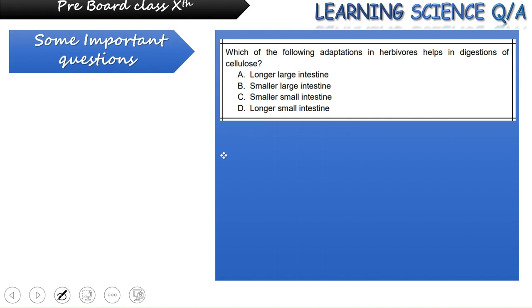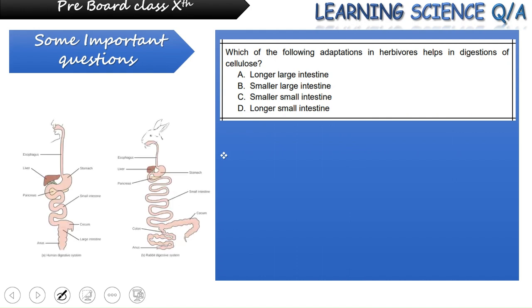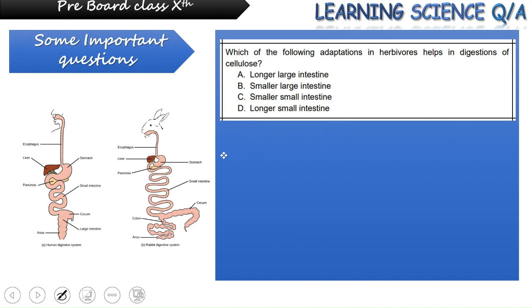Carnivores are majorly depending upon meat and flesh, whereas humans are omnivorous. They have a good amount of herbs in their food, while some amount of flesh or meat is also there. So, what is the adaptation seen specifically in herbivores to help them in the digestion of cellulose?